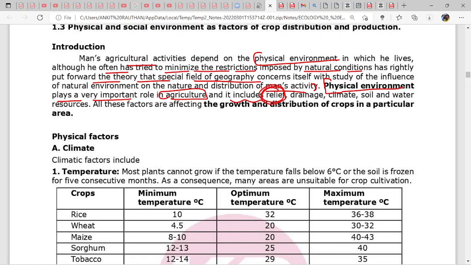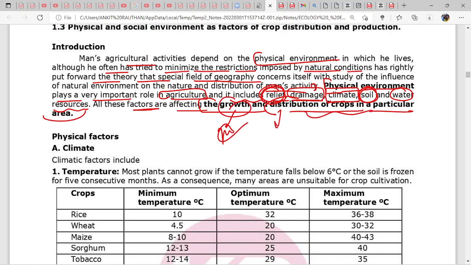Relief, plain area, mountainous area. Which area, what kind of area, that will be highlighted by relief. Drainage system, climate we have seen, soil we will see, water resources. All these factors are affecting the growth and distribution of crops. Growth means production, and distribution of crops in a particular area.